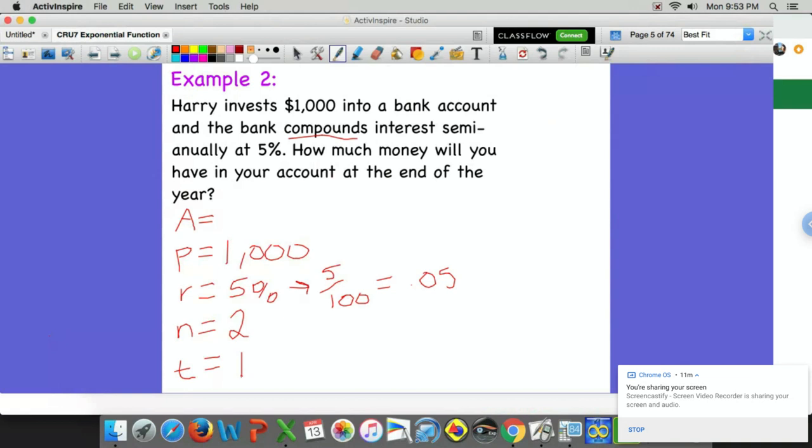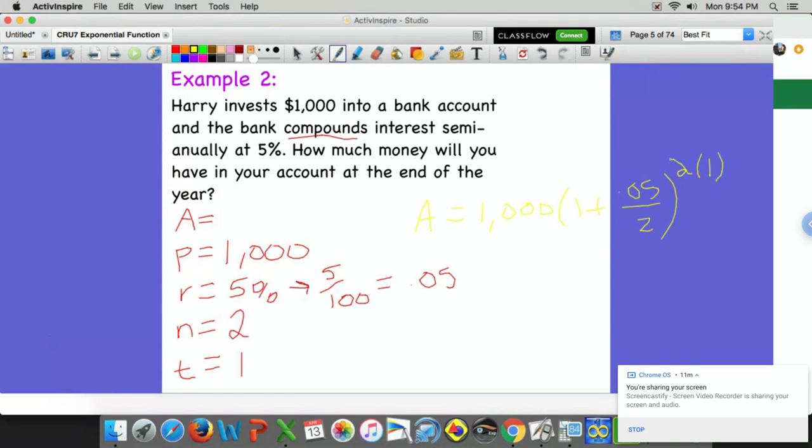So now you're just going to fill that in. We know we don't have A. We do have P. It's 1,000, times (1 plus R, which is 0.05, over N, which is 2), raised to NT, so 2 parentheses 1.